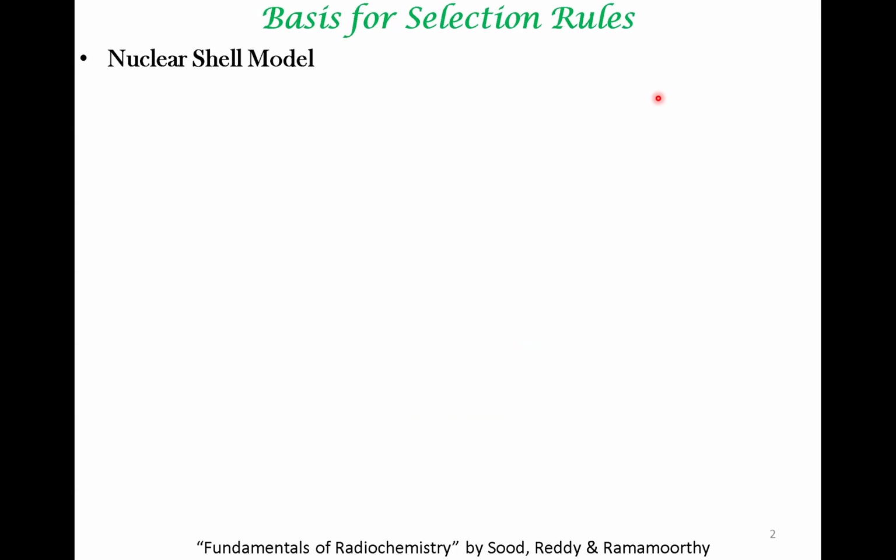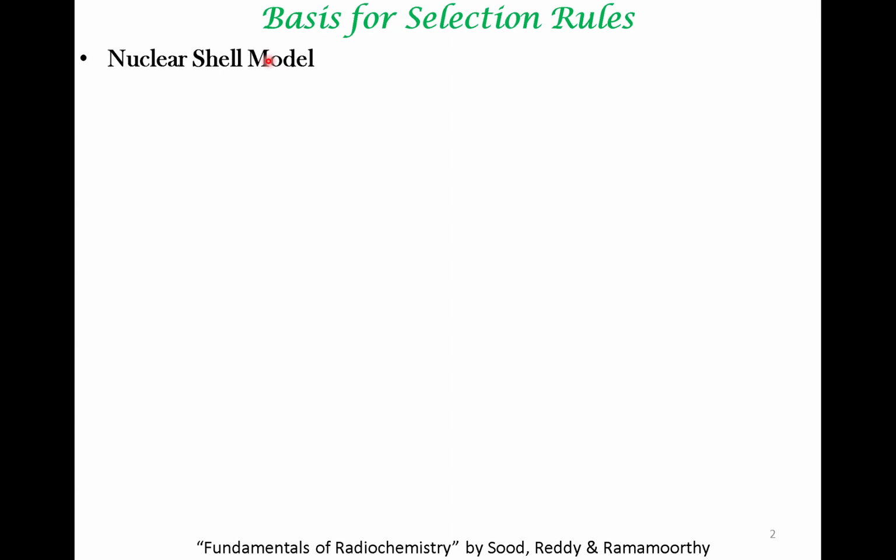There are a lot of similarities between the atomic shell model, wherein we think about electronic transitions, and the nuclear shell model. The utility is rather similar. We've talked about the analogy in some previous lectures, but I'm stressing that this is a very useful model when you think about selection rules.